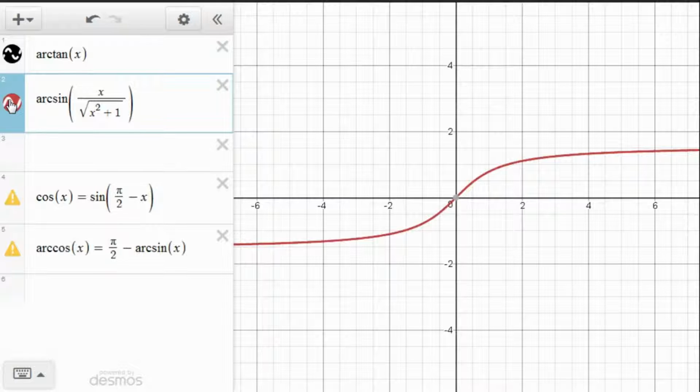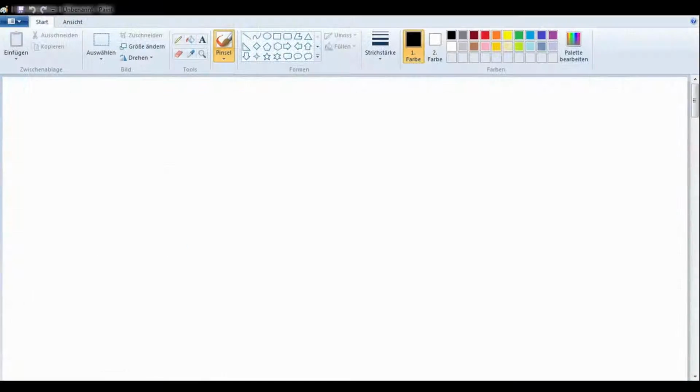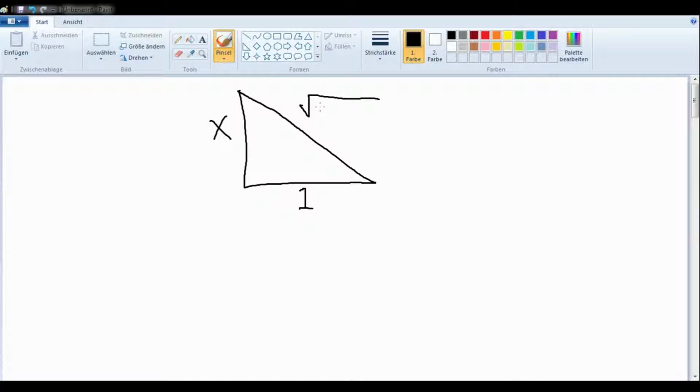Now this might seem to come out of left field, so let's try to develop some intuition as to why that might be. If I had a right triangle with sides x and 1, then the hypotenuse would be square root of x squared plus 1, right? Again, this is a right triangle. And we'll take a look at this angle here, theta.